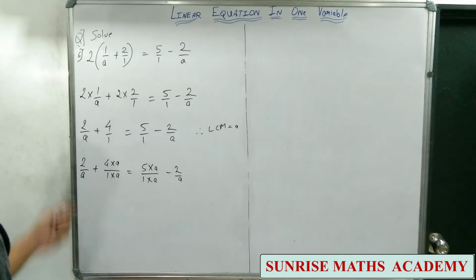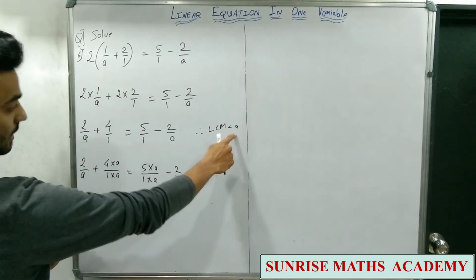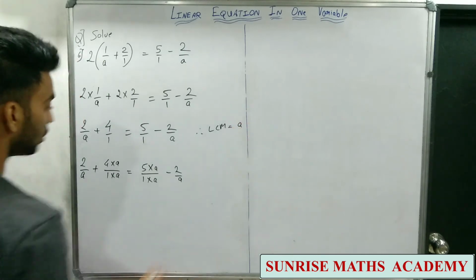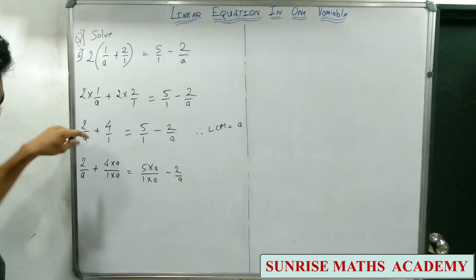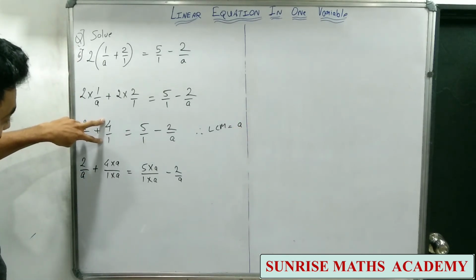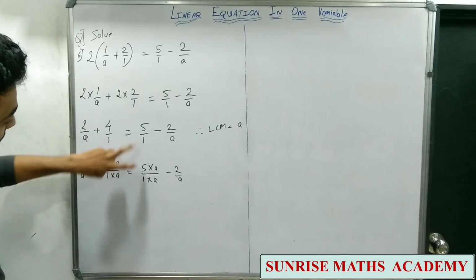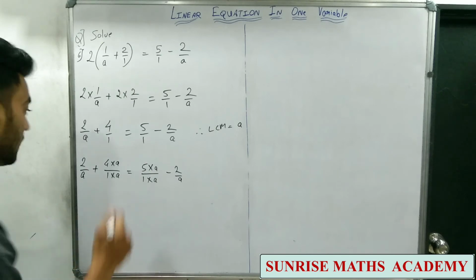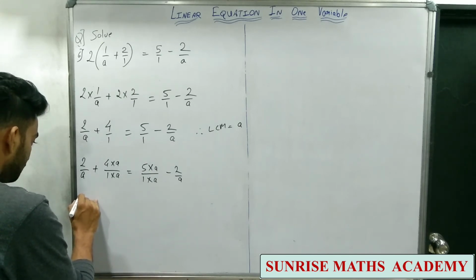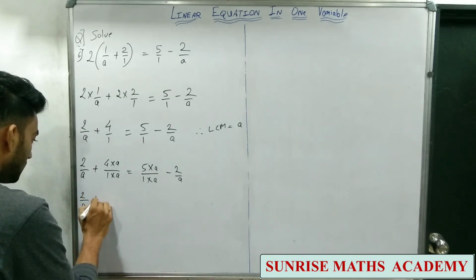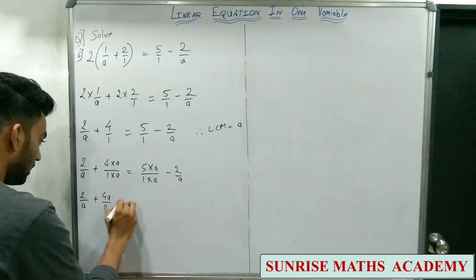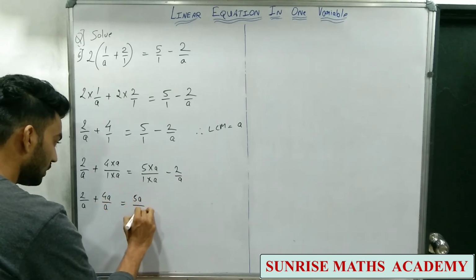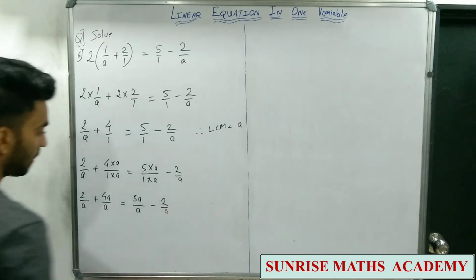So in this step what we have done, we have found the LCM, that is a, and to make the denominator same we have multiplied this rational number by a upon a and this rational number by a upon a, both numerator and denominator by the LCM. So 2a plus 4a upon a equals to 5a upon a minus 2 upon a.